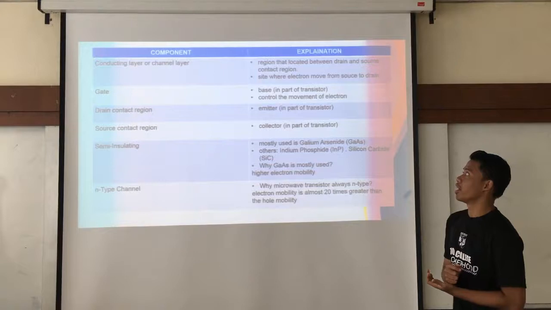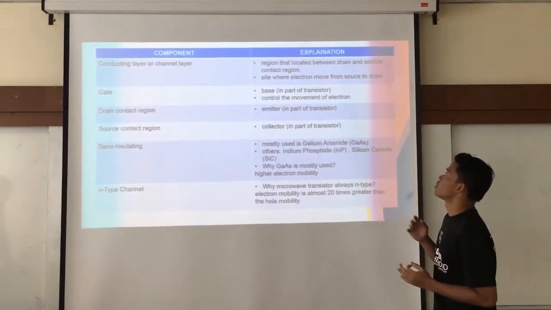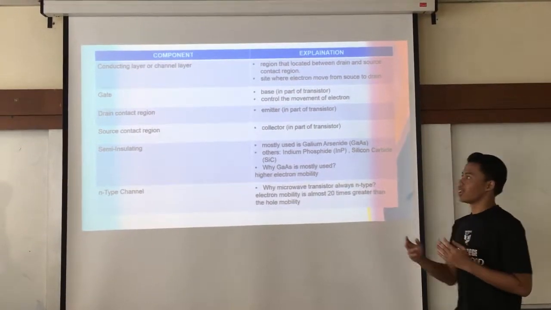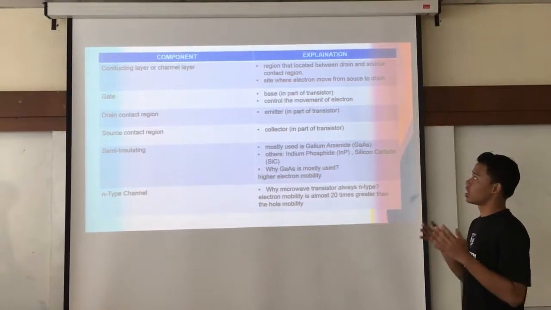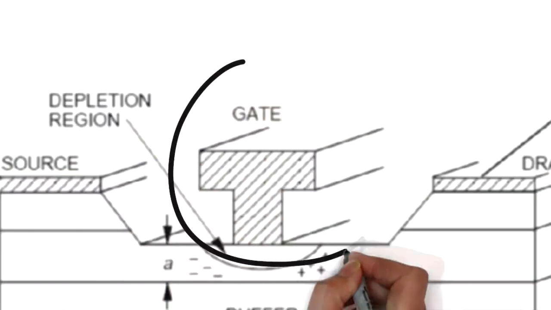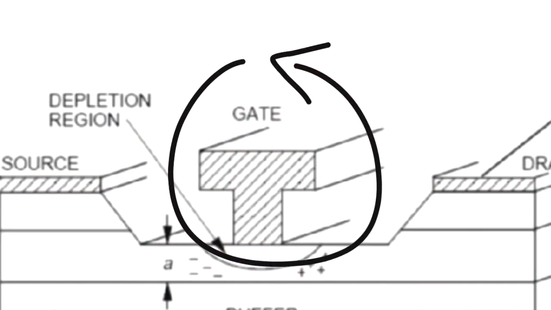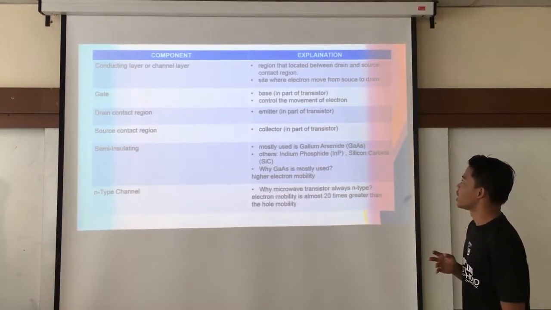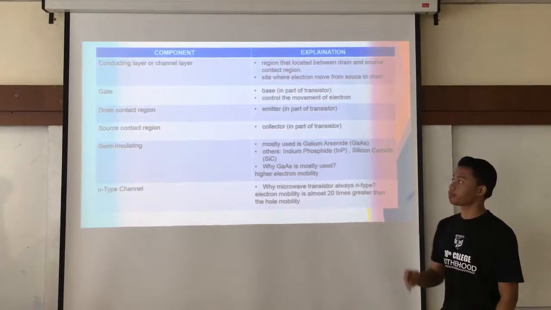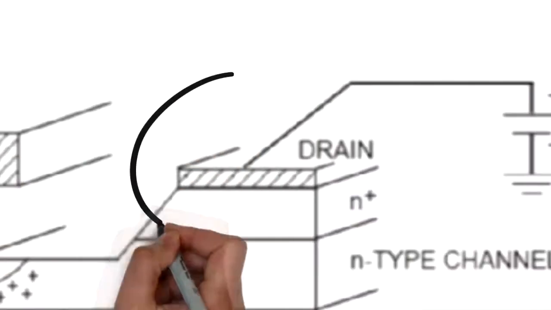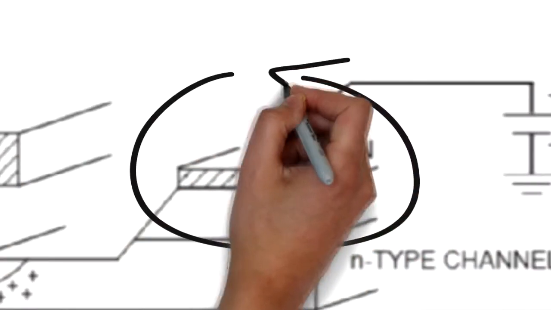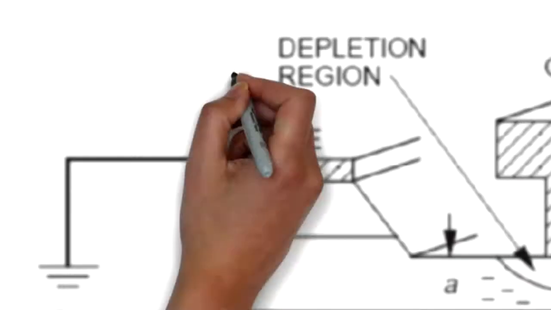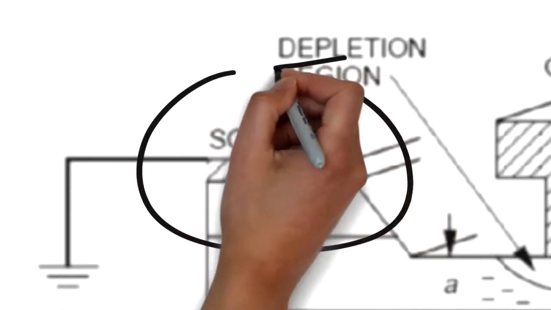It is the site where electrons move from source to drain. Next, the gate is located in the middle of the MESFET. It is the base that imparts resistance and controls the movement of the electrons. Next, the drain contact region is the emitter and the source contact region is the collector.